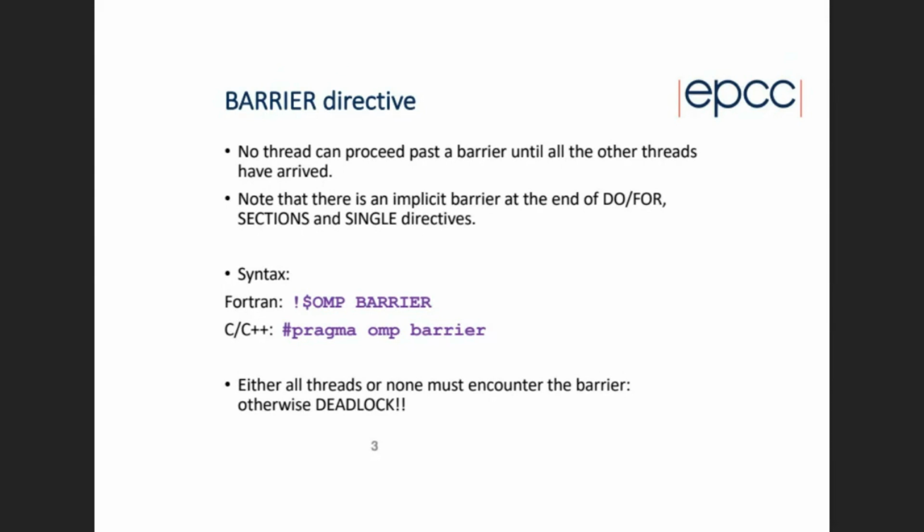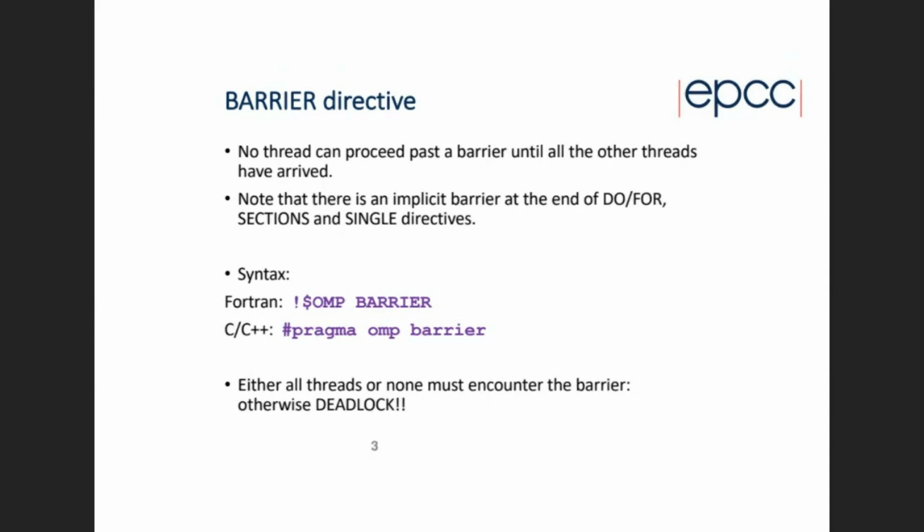One thing we do have to be careful of, though, if we're using barriers and we have any sort of complicated or non-trivial control flow inside our parallel region, is that we have to make sure that either all threads encounter this barrier directive or none of them do.